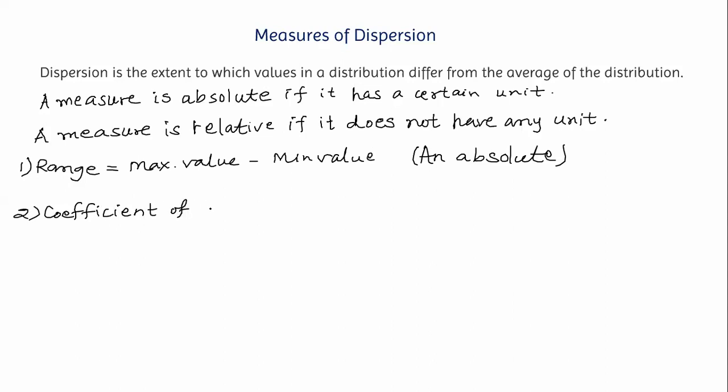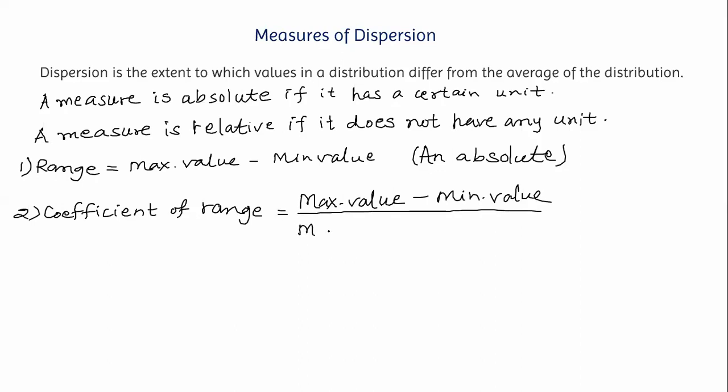Now the second is coefficient of range. The formula is maximum value minus minimum value divided by maximum value plus minimum value. And we can understand here, as in regard to the previous example, suppose maximum value is 100 kilogram, minimum value is 40 kilograms.